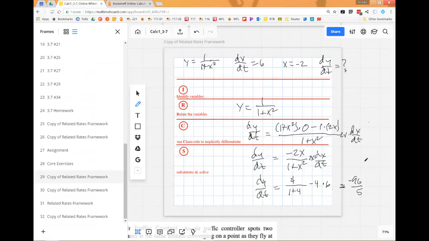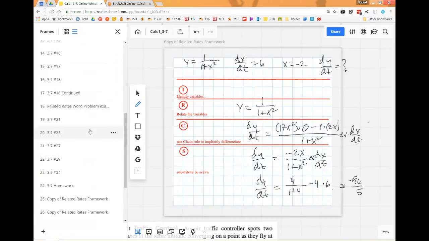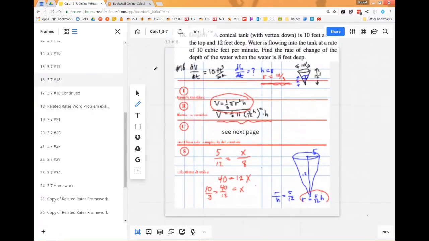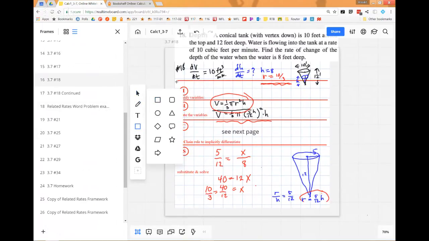Okay, well, I wanted to go to number 18 next. So let's see what we have here. Number 18. Let me cover part of this up so we can take this part of the time here.